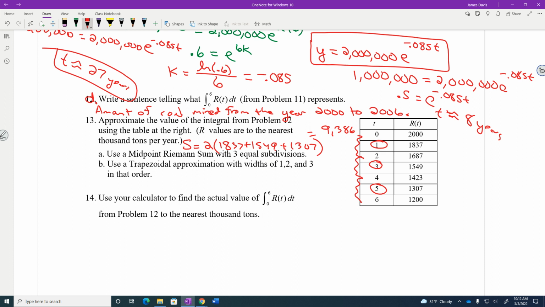So that's in thousands of tons. So that would be 9,386,000.